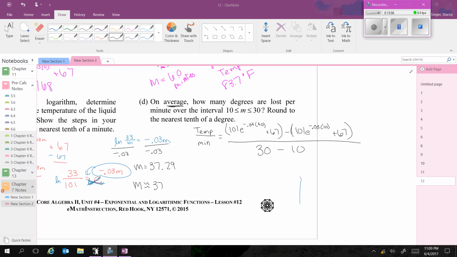And if you were stuck with which would go on top, it says degrees are lost per minute. Per means divide, if you didn't know that.